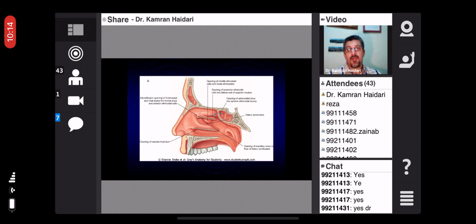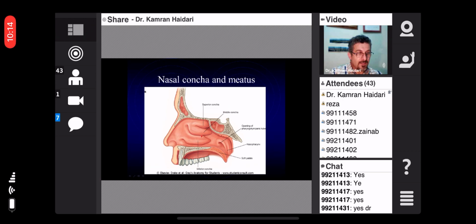Therefore, the sum of important paranasal sinuses open into the middle meatus, because if we have a complete middle concha, the space under middle concha is the middle meatus.